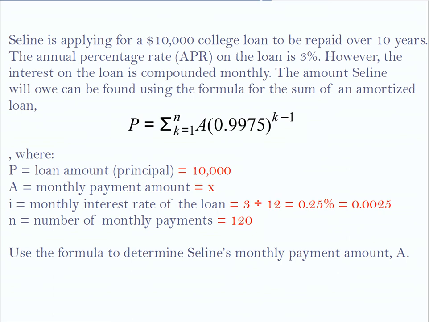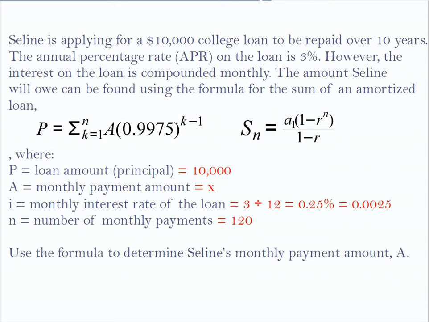I'm going to take all of this information, my principal, my monthly payment amount, my common ratio, right? And we're going to change that into our summation formula that we used before. Remember that n is the number of payments, so that's going to be 120. a sub 1 is our initial amount, and r is going to be our common ratio.